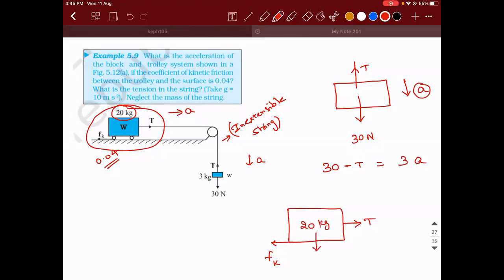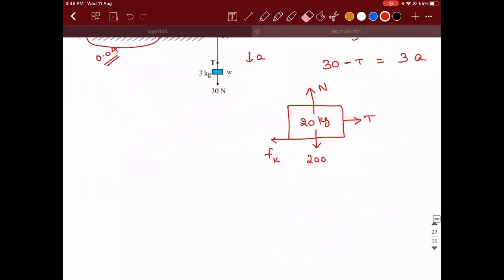So what is the weight of it? It will be 200 Newton. And there will be a normal force acting in this direction. Right? So this direction is the acceleration, guys. Now you tell me the equation. When you apply Newton's second law, how should you write the equation in one step?